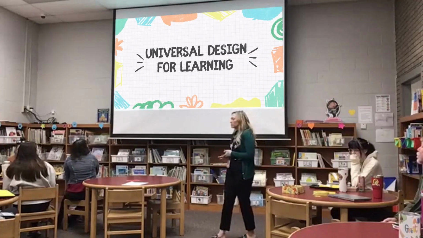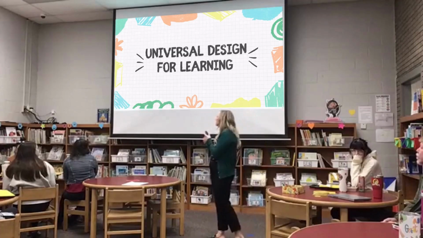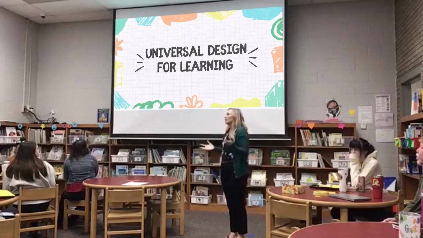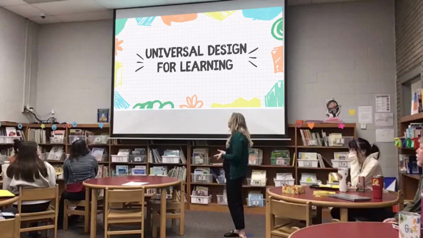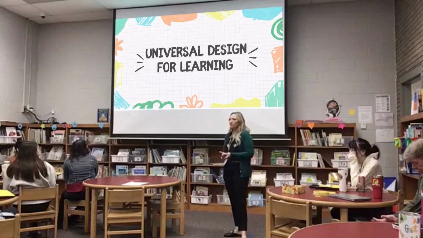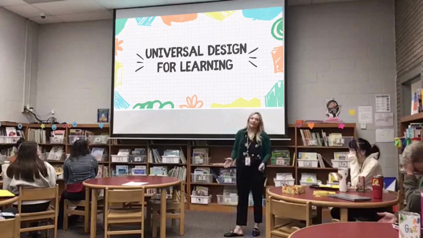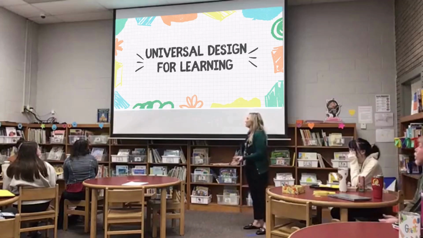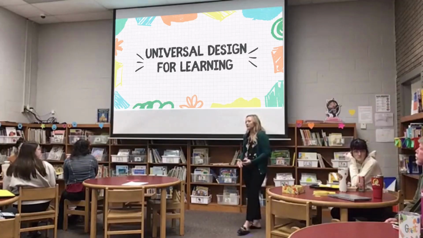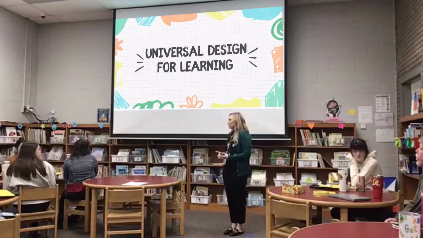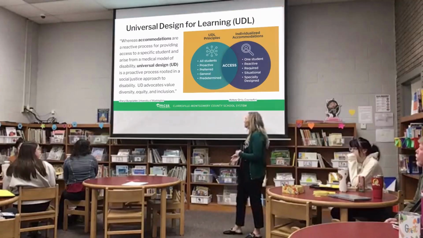So the big umbrella of what we're talking about today is creating a universal design for learning. We could honestly talk about this all day. But our goal in CMCSS in our AT department is to help you set up your classrooms as universal designs for learning.